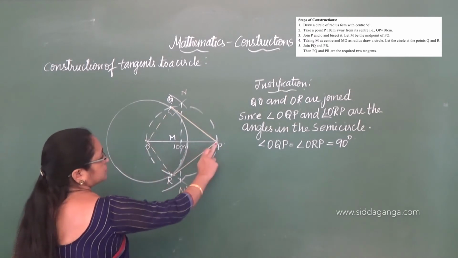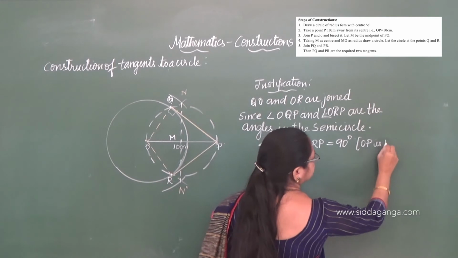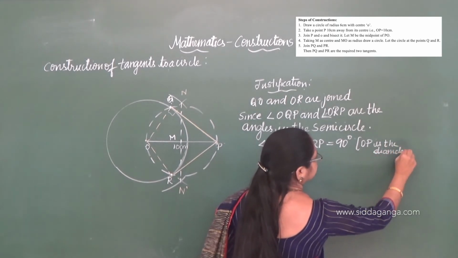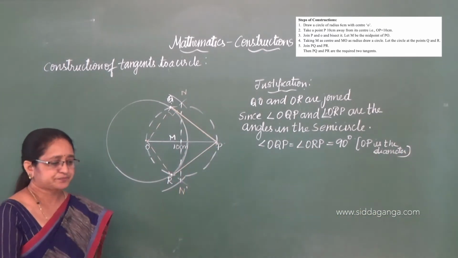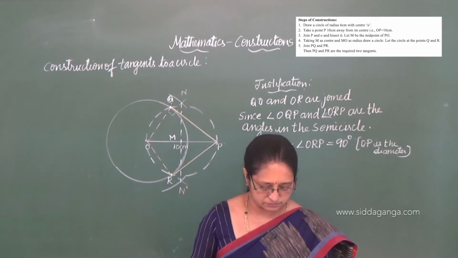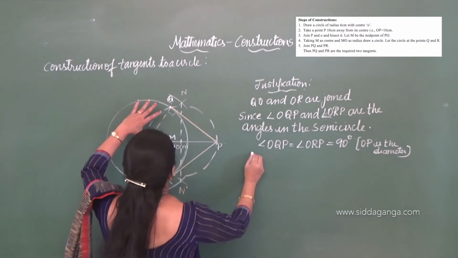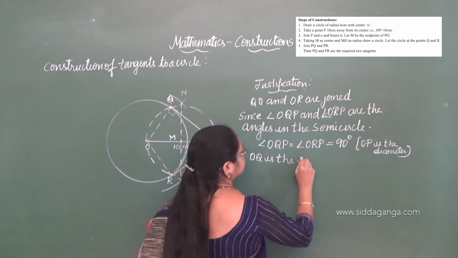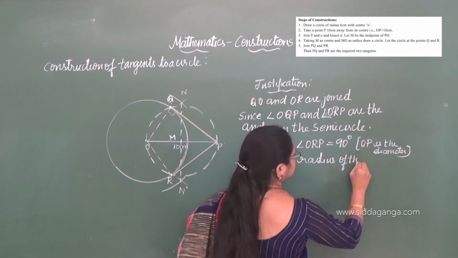So, how did we come to know that? You can write in the bracket, OP is the diameter of the drawn circle here. Understood? Next. Then, OQ is the radius of the given circle.